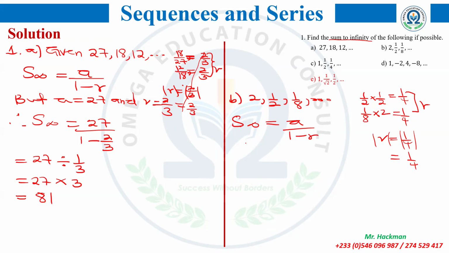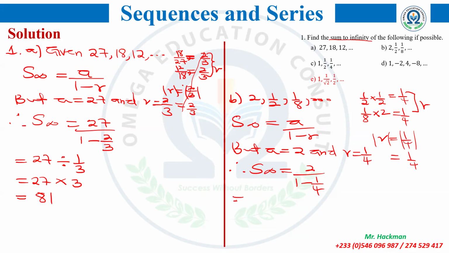I need my A and my R. What is the A here? A very pretty number, which is 2. And your R, we found when we were investigating the nature of this sequence, to be 1 over 4. So we are in a comfortable league. Therefore, the sum to infinity will be equal to A, which is 2, over 1 minus 1 over 4.